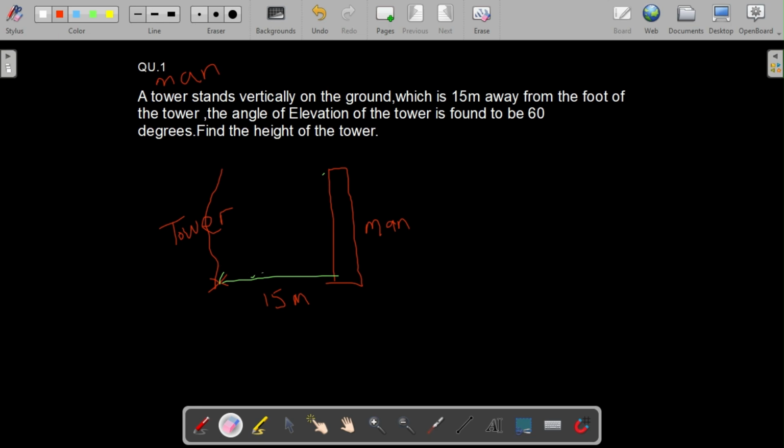That means there's an angle of elevation made from the foot of this man to this point, which is 60 degrees. So the statement here is, find the height of the tower.